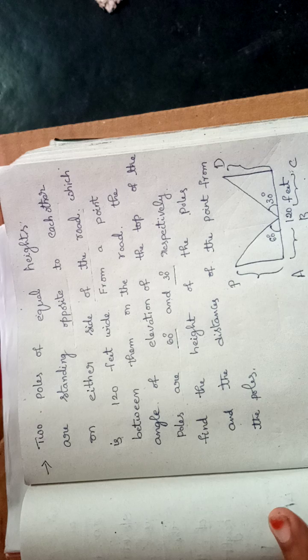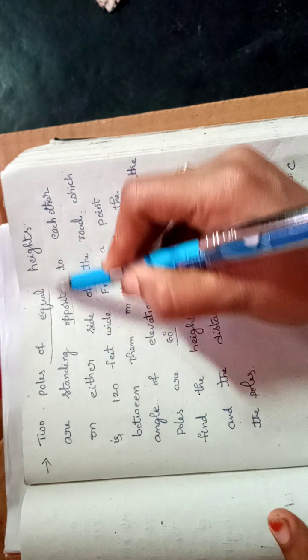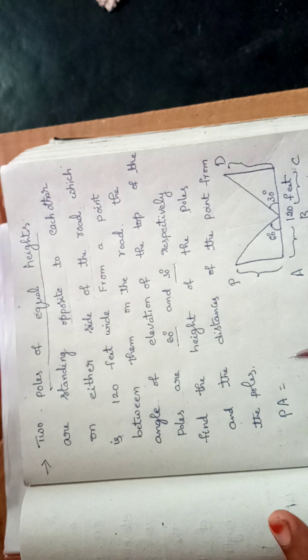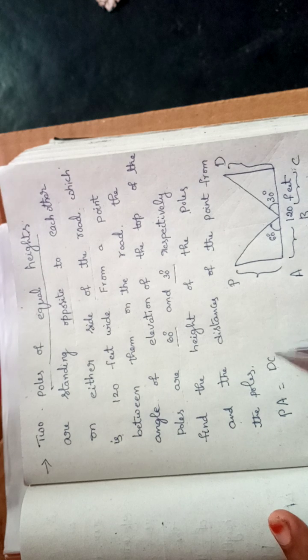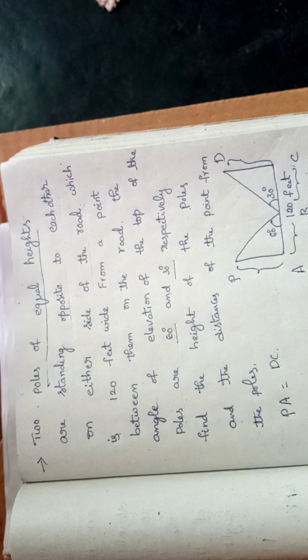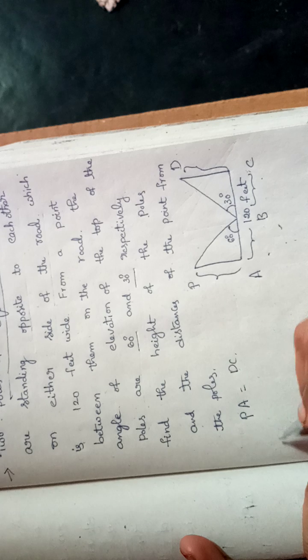Clearly from the problem, the two poles have equal height, so PA equals DC. By using this we can find the solution.